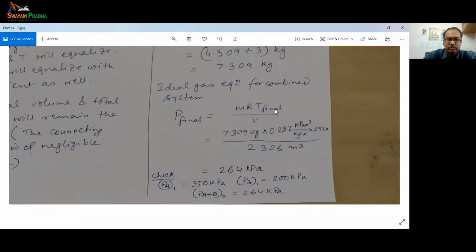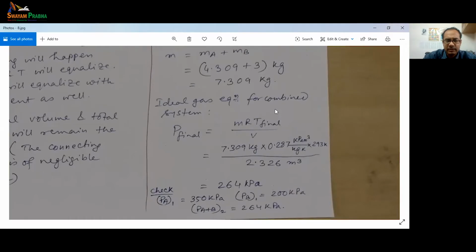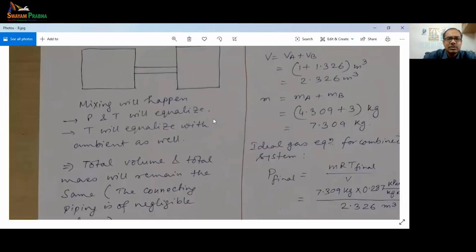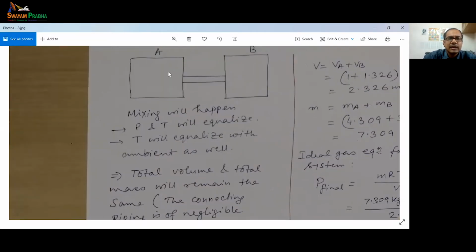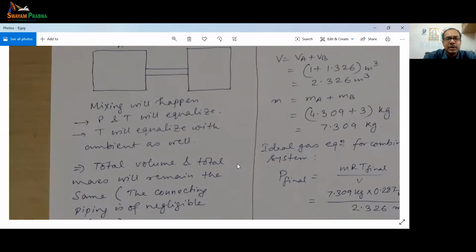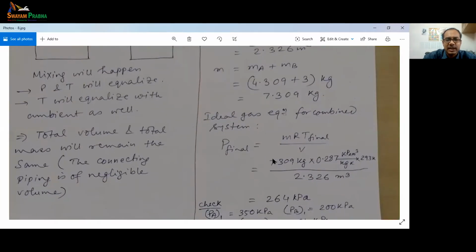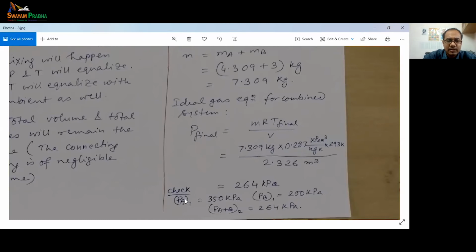Okay, so one thing you can check, for any problem when you solve something, you should check whether the number you are getting physically makes any sense or not. Okay, so what does the physical intuition tell us? It tells us that whatever pressure you have at tank A and tank B, the final pressure of the combined system will come in between these two pressures. So let's check that. What was the pressure at tank A? It was 350 kilopascal, and in tank B, it was 200 kilopascal.